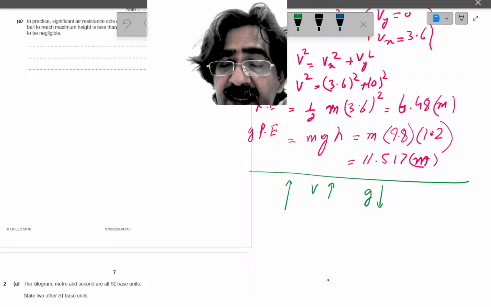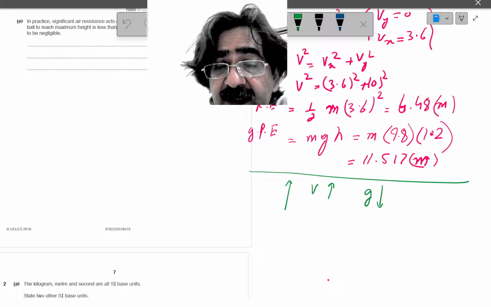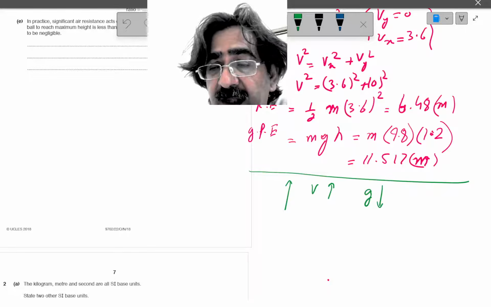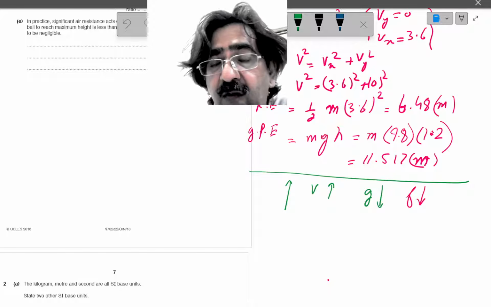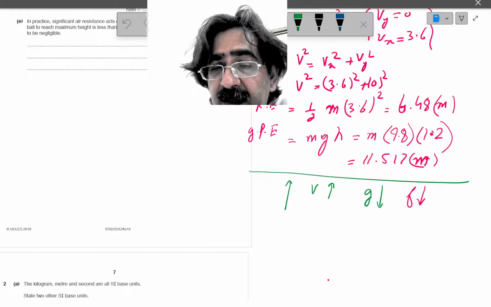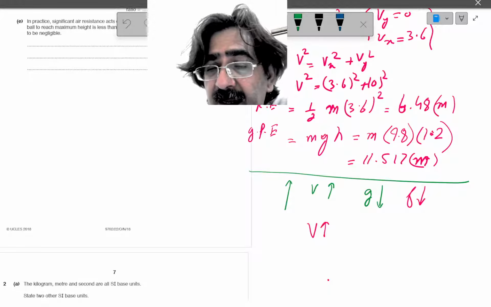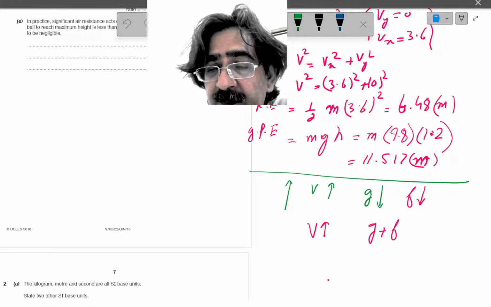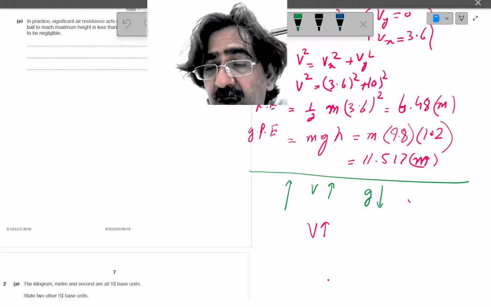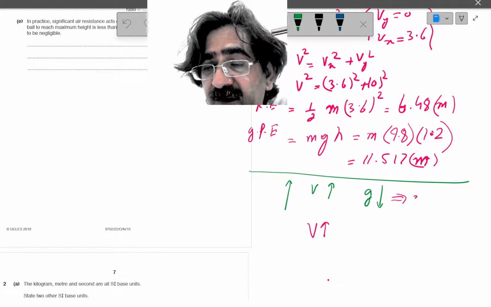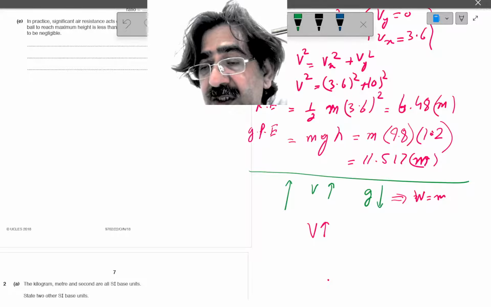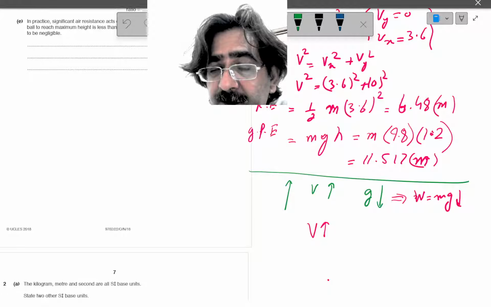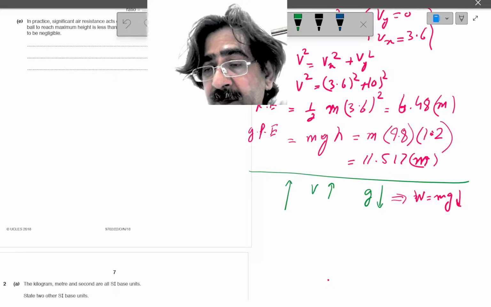If there is air resistance, then the friction force will also be downward. The weight, mg, will also be downward.